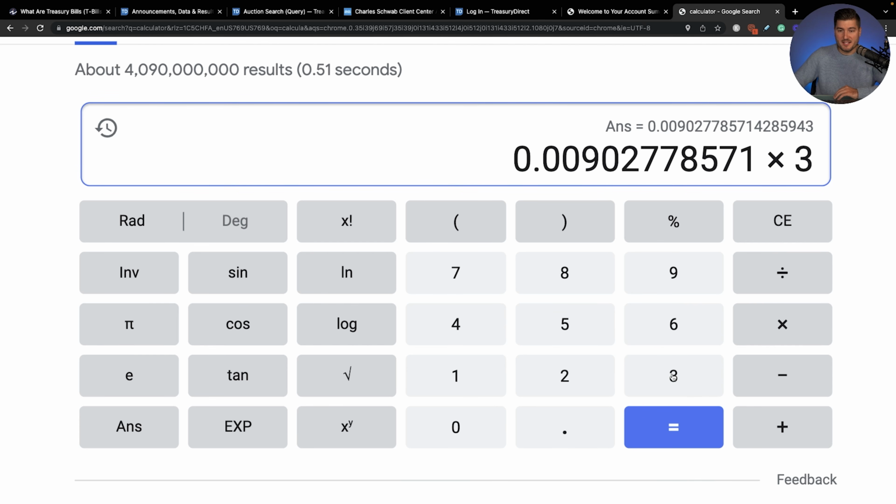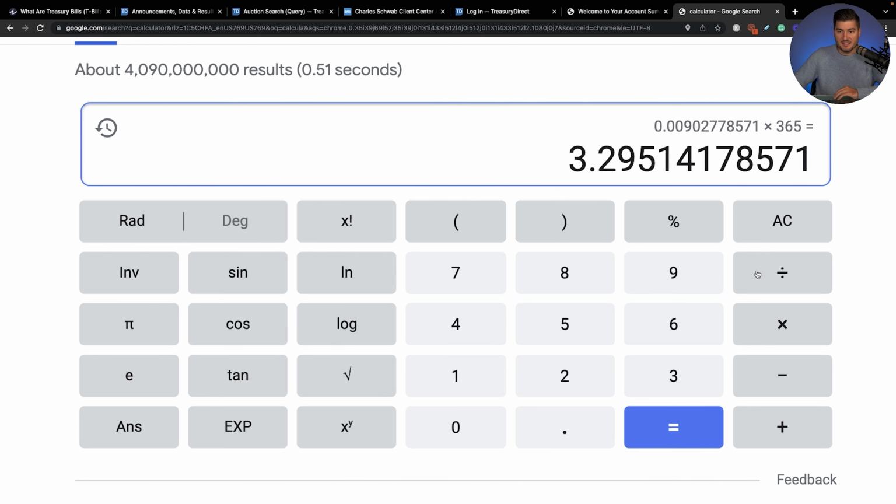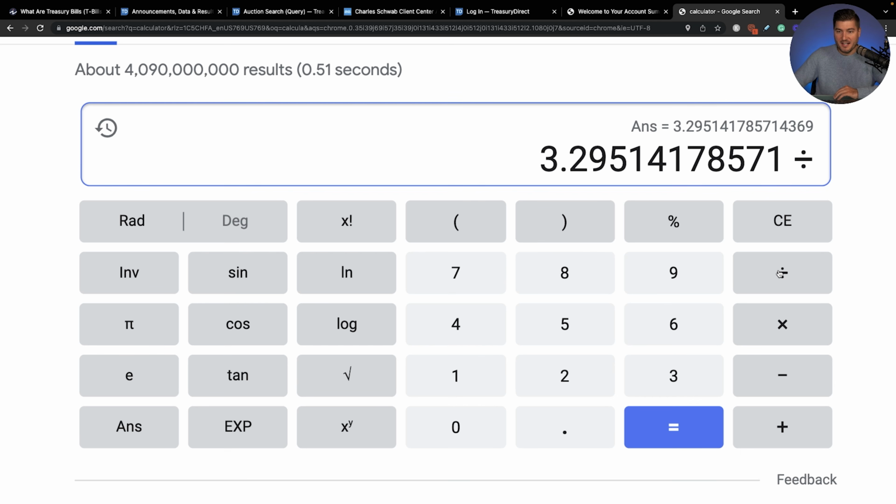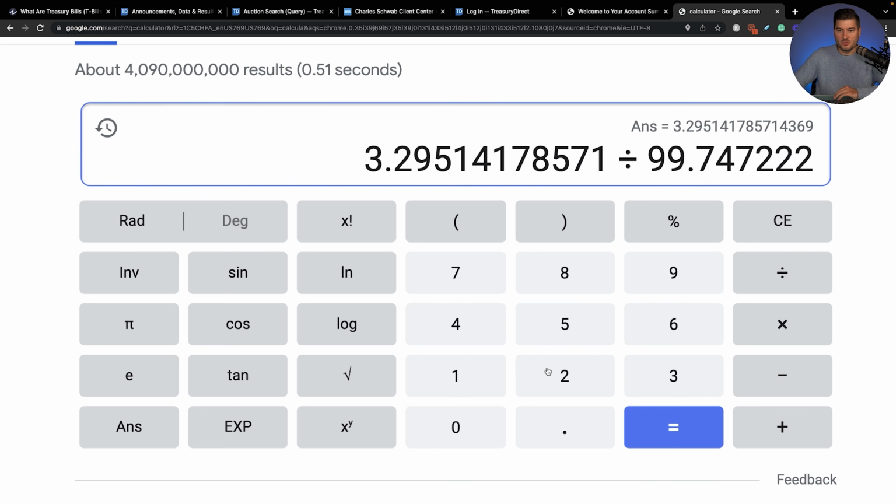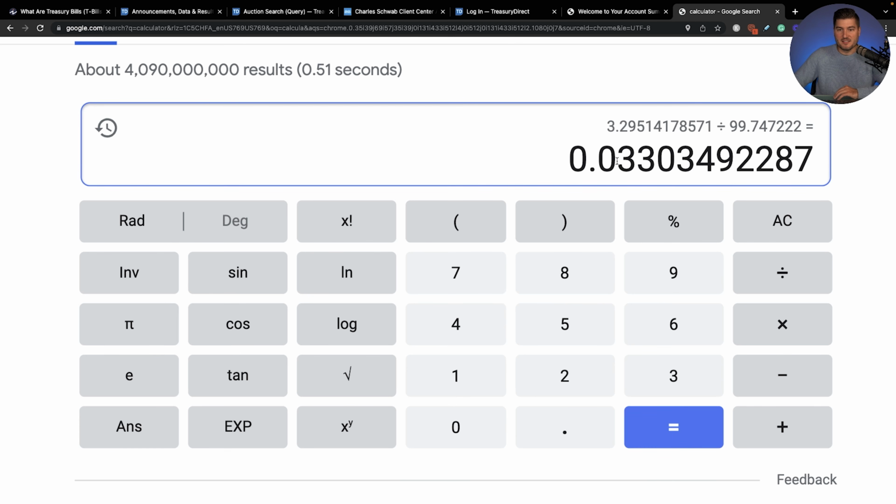You multiply this by 365 days in a year to annualize it, and then divide this by 99.747222 to get this number right here. I can't believe I remember that number.